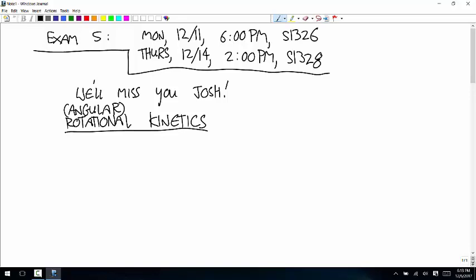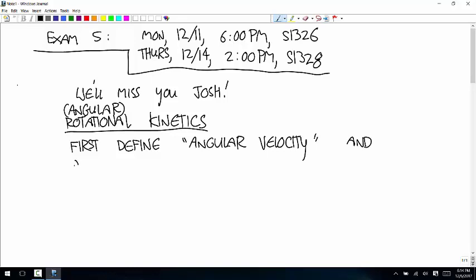And before we can get into the kinetic stuff, we have to first define angular velocity and angular acceleration.